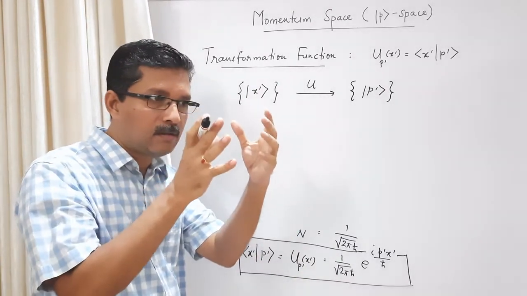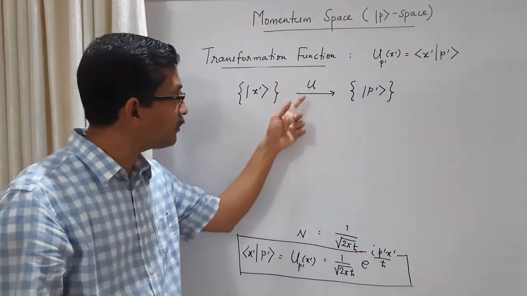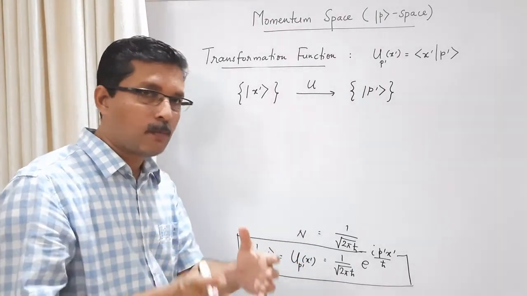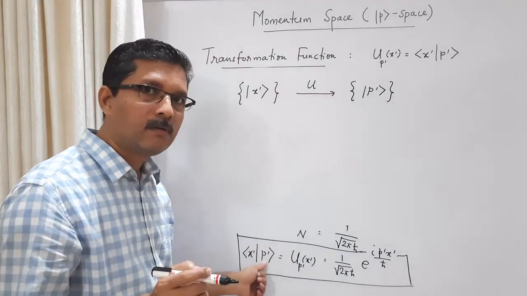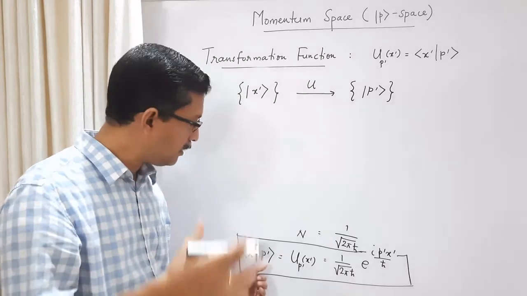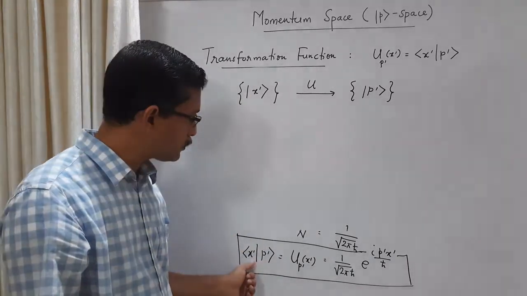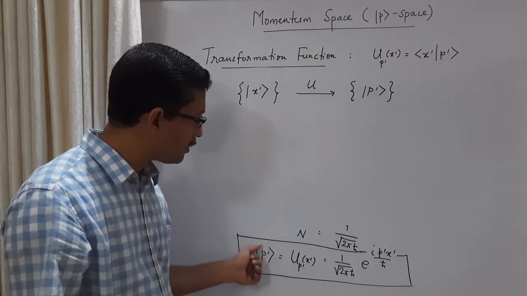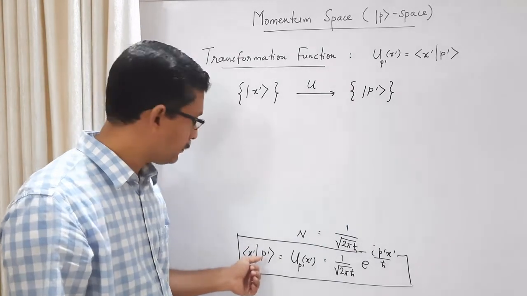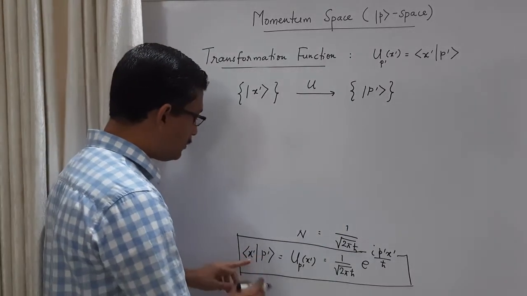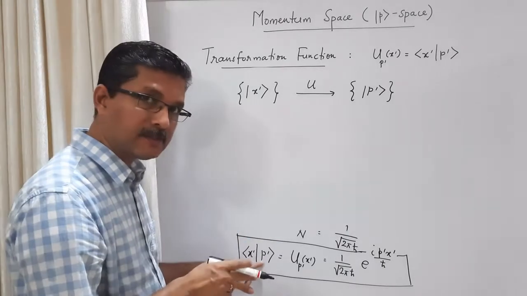So all the terms in this p prime column of this matrix will correspond to the components of this eigenket in the position basis. These are the components of the eigenfunction in the position basis, and this eigenfunction corresponds to the eigenvalue p prime. So this is one row index. When you go to the next row index, the column index remains fixed.